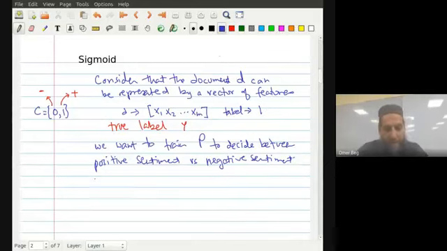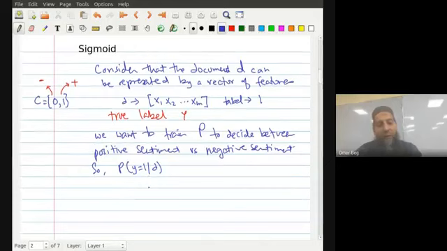So the probability of Y being 1, that is, given this document D, what is the probability of this document D belonging to the positive class?